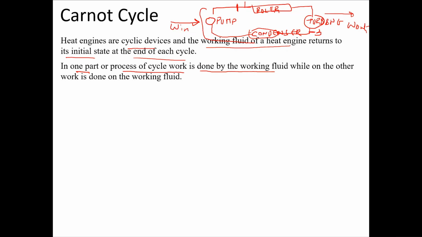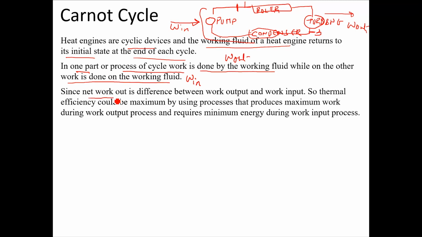So there are two parts of the cycle. In one half, the working fluid produces turbine work out, and in the other part, work is done on the fluid by the pump. The net work out is the difference between work output and work input. The thermal efficiency would be maximized by using processes that produce maximum work during the work output process and require minimum energy during the work input process.